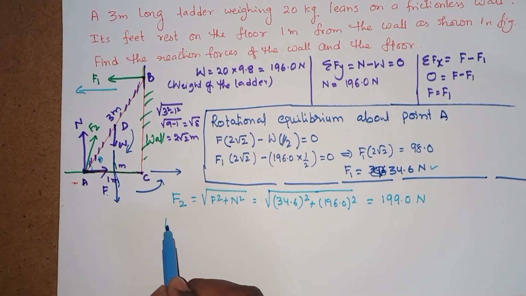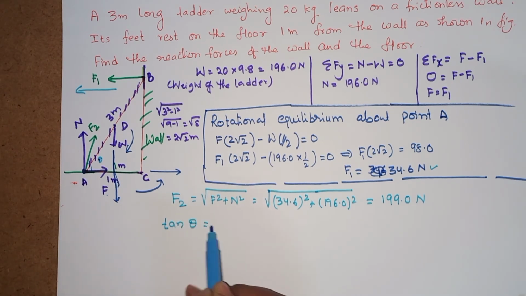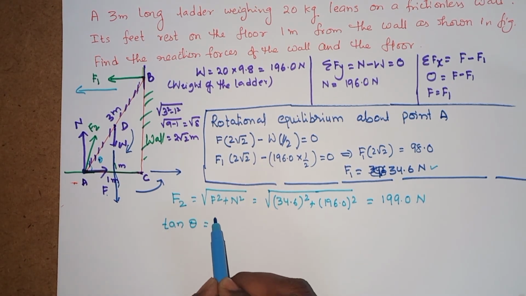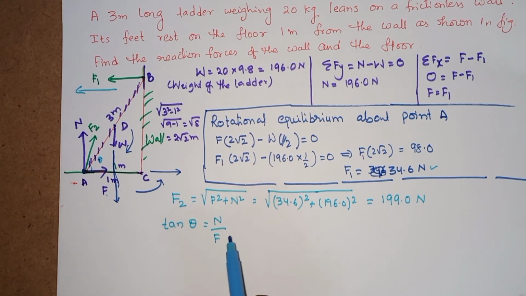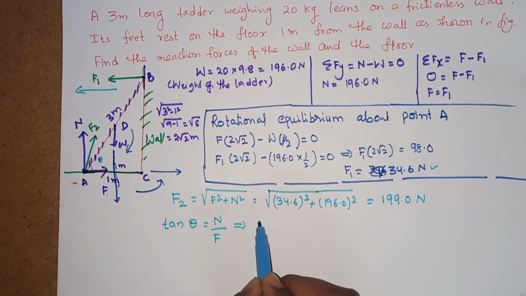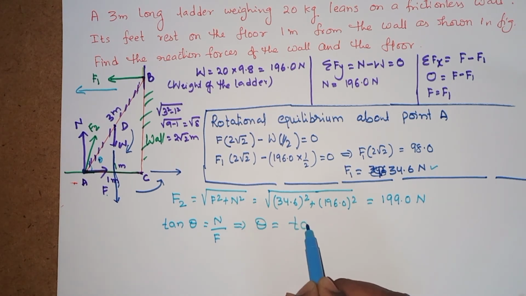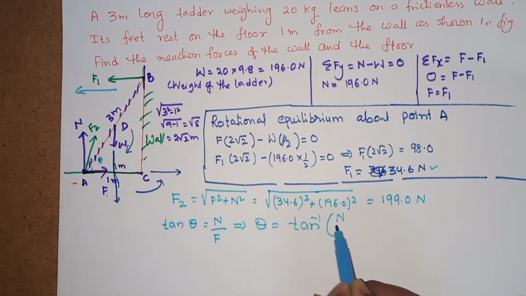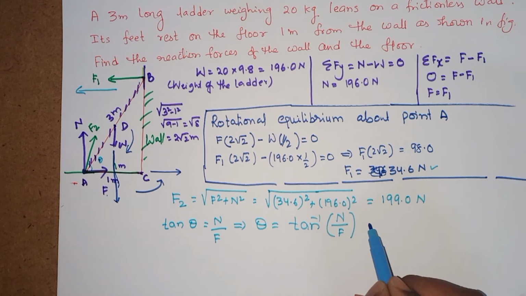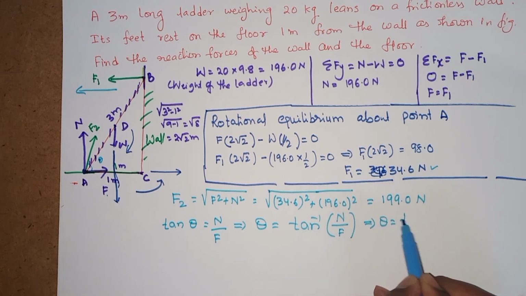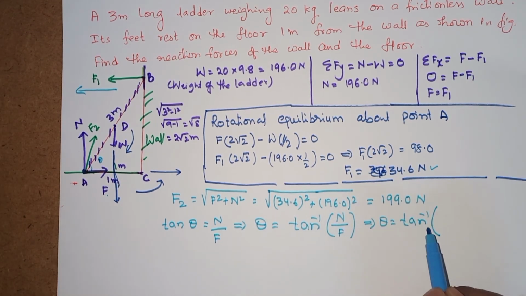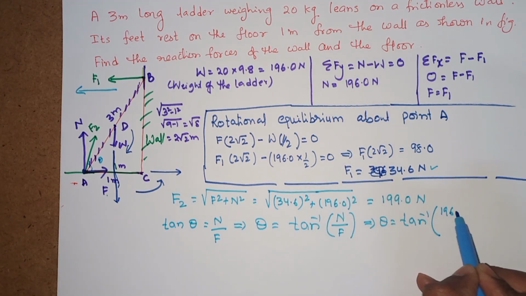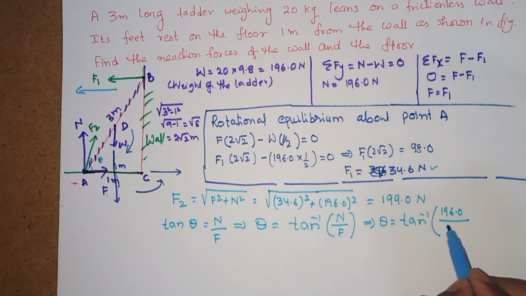Tan theta is equal to the y component of force, N, over the x component of force, F. So theta is equal to tan inverse of N by F. What is N? 196.0, divided by F, which we calculated as 34.6.